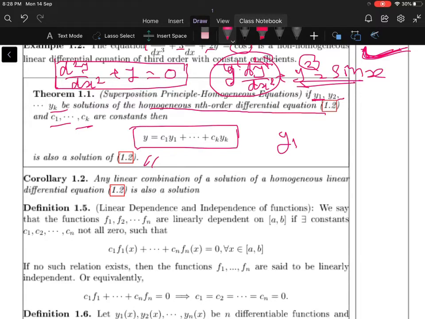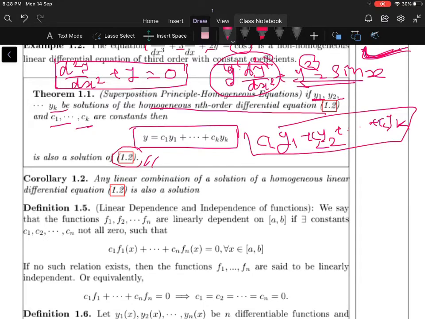It means y1 is a solution of the homogeneous equation, y2 is also a solution independently, and so on, yk is also a solution. And the linear combination, what is a linear combination? c1 y1 plus c2 y2, etc., ck yk. It is a linear combination of the functions y1, y2, yk, and it is also a solution of the homogeneous equation 1.2.